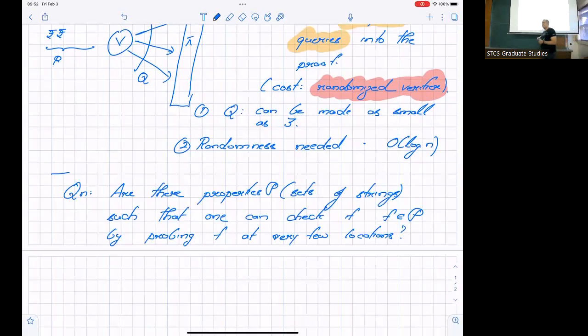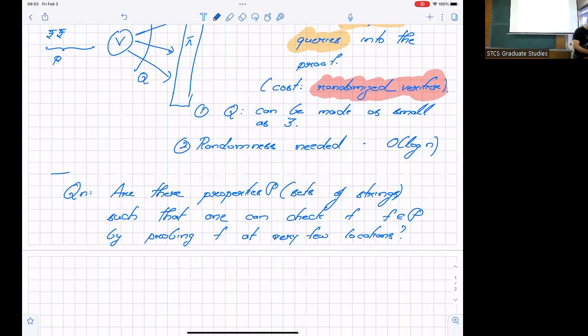Certainly, there are some properties like this. Notice that, strictly speaking, if you want to distinguish strings having this property from strings not having this property, this is not a doable task, because a string might lose the property by just flipping one bit.